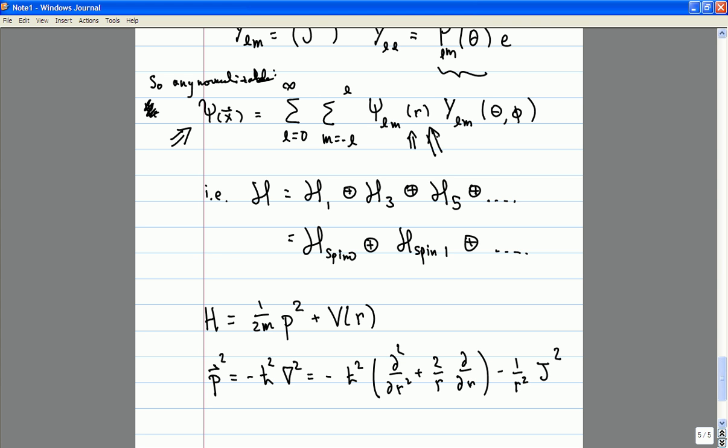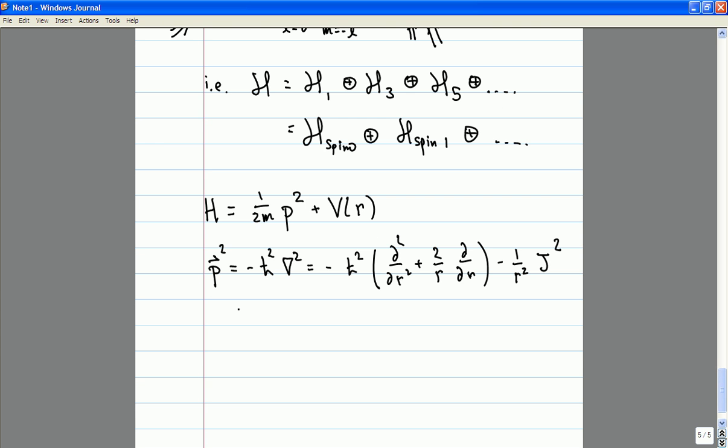And J squared, of course, as usual, is L times L plus 1. So you're left with effectively a one-dimensional wave equation. And so, for example, in the hydrogen atom, one can go ahead and solve that explicitly.